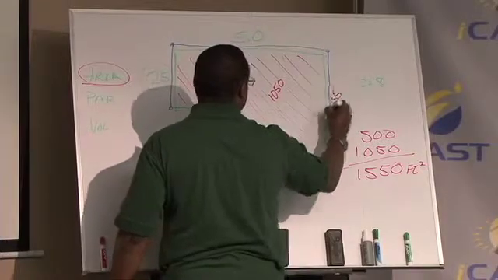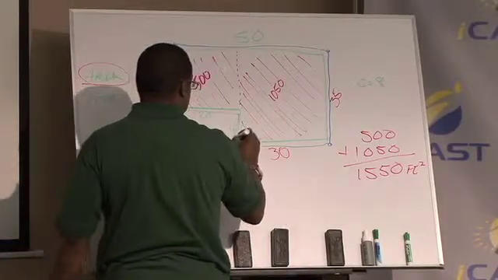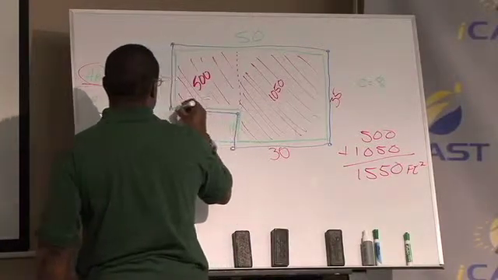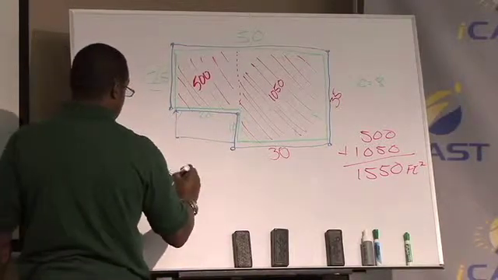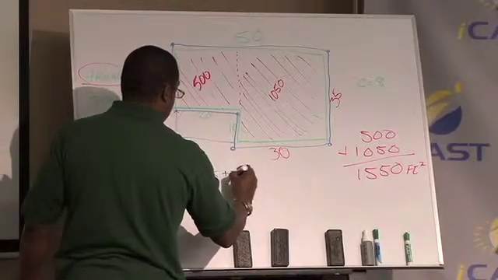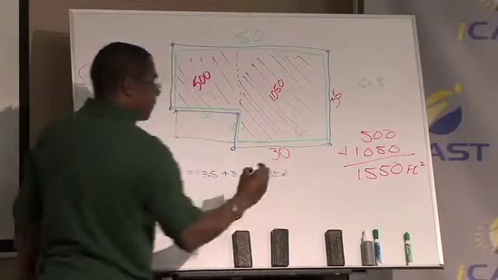Then we walk 35 feet. Then we walk 30 feet. Then we walk 10, and then we walk 20, right? 25 plus 50 plus 35 plus 30 plus 10 plus 20.